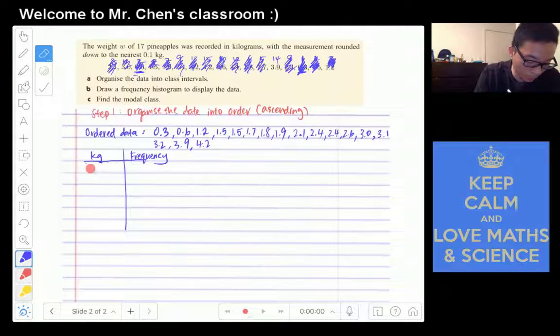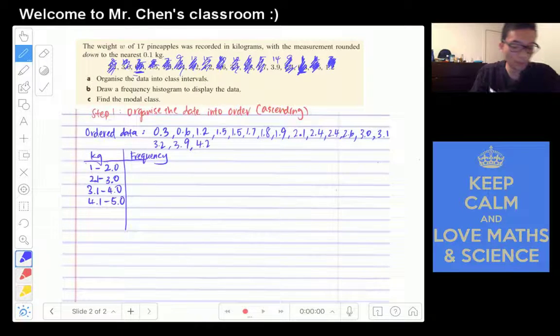So from 1 to 2, 2 to 3, 1.2, 2.1, anything 2.1 to 3.0, then 3.1 to 4.0, 4.1 to 5.0. There you go.